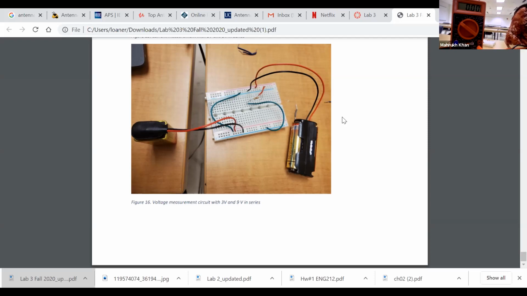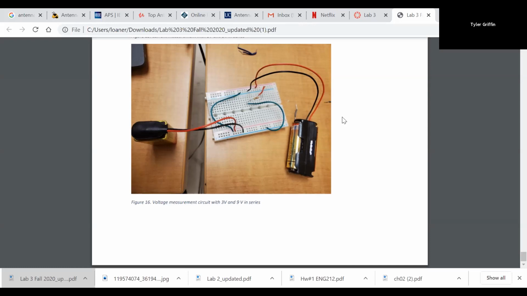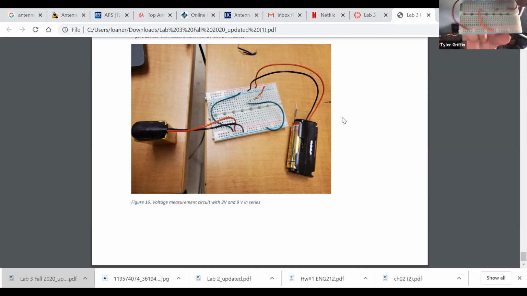So those who have built that, can you show me your circuits one by one? Yeah. Tyler, you want to show it? Yeah, sure. One minute. So this is your resistor. Yeah, going in the positive, right?